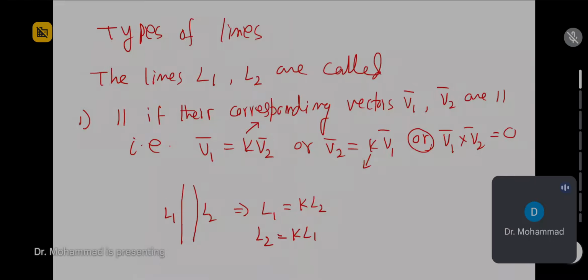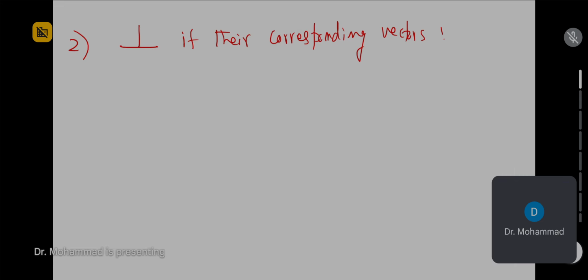So the lines are parallel if they satisfy V1 is kV2 or V2 is kV1, or their cross product is 0. And number two, the lines are perpendicular if their corresponding vectors V1 and V2 are orthogonal.